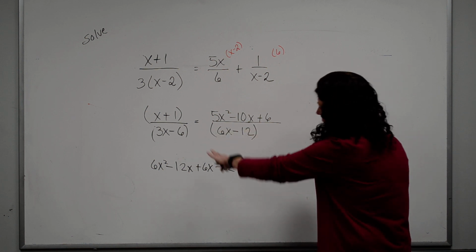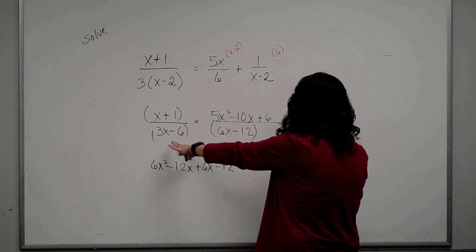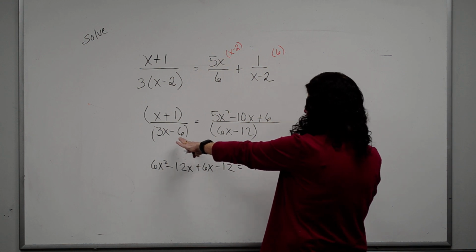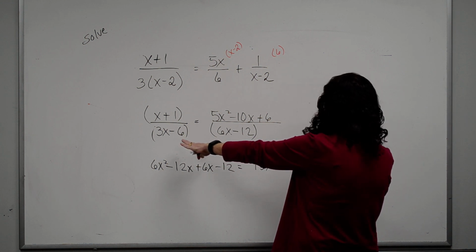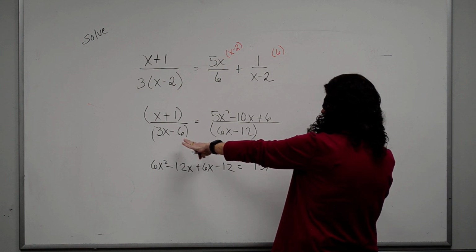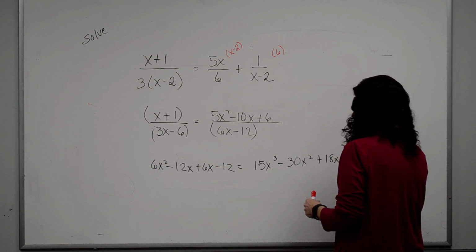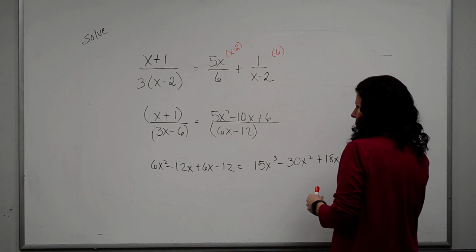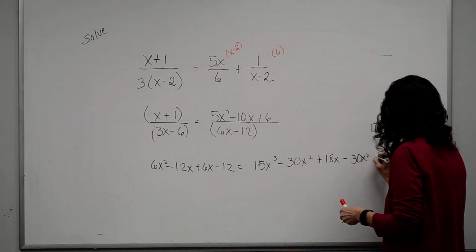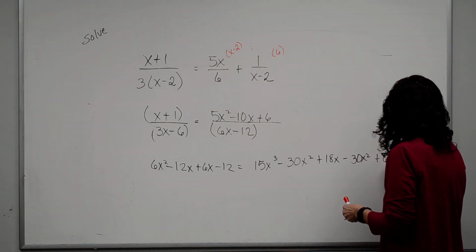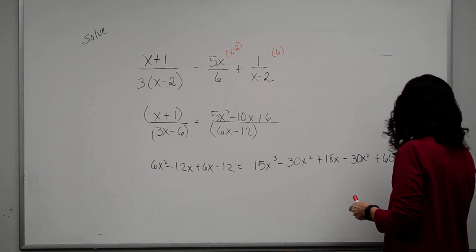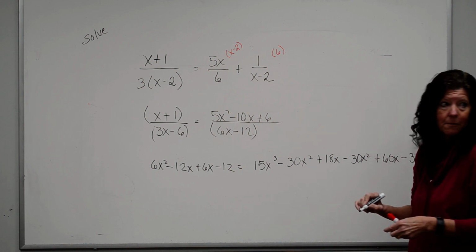Okay, we'll continue here. Minus 30x squared plus 18x minus 30x squared plus 60x minus 36. You with me so far?